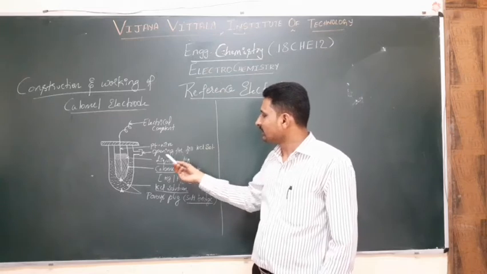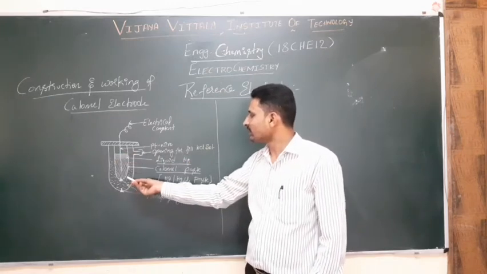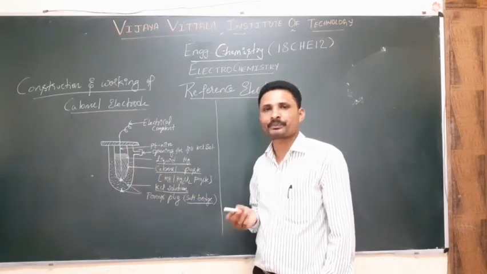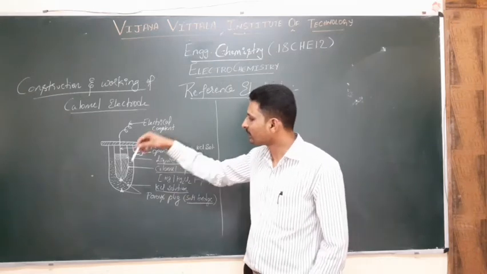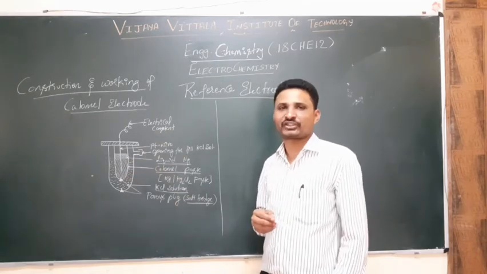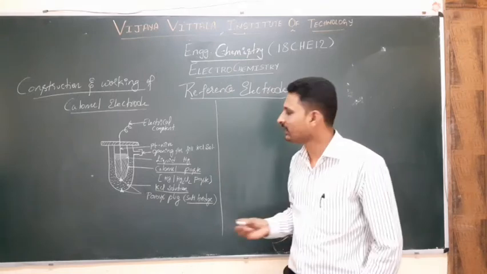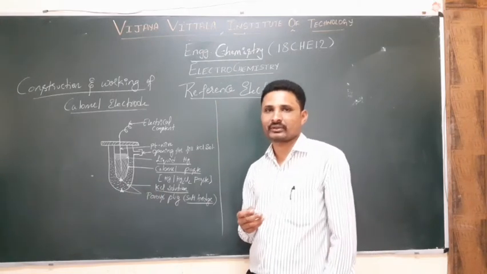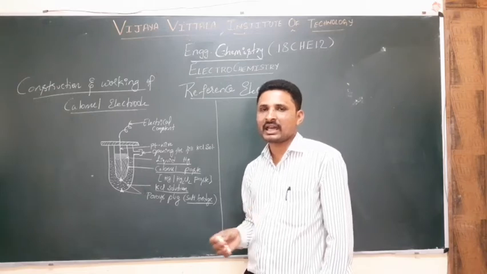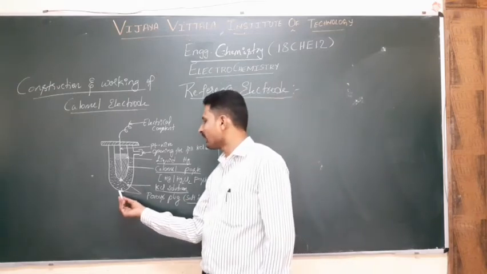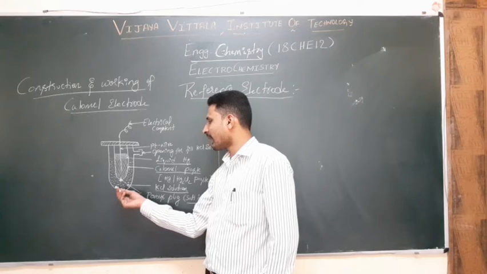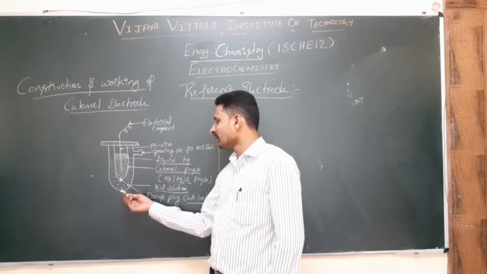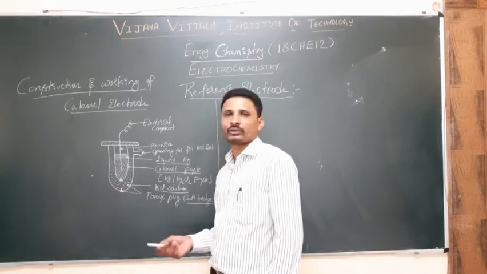And this entire tube is placed into the outer glass tube that contains a KCl solution, right? And there is a porous plug for the outer glass tube at the bottom end of the tube.